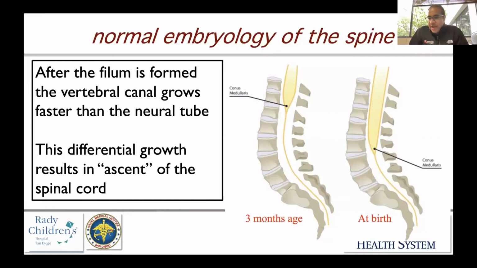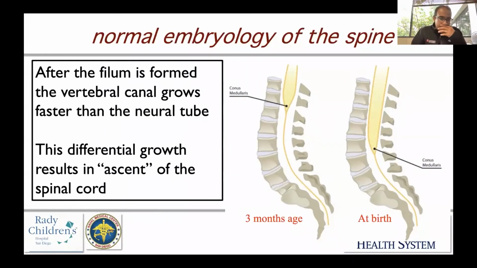And typically this happens at about 3 months. So at birth, the tip or the bottom of the conus typically occurs between L2 and L3, can be as low as L3, L4, and at 3 months of age, as that vertebral column grows but the neural tube is not growing as quickly, that changes to its position at L1, L2, which it typically stays at for the rest of their life.